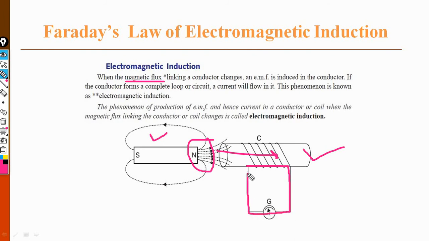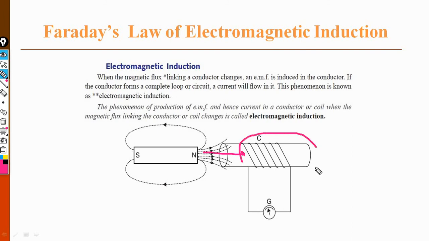This type of phenomenon is called electromagnetic induction. That means when magnetic flux links with the conductor, EMF gets induced in the conductor in the closed loop and current flows through it. This phenomenon is called electromagnetic induction. So this is the statement of electromagnetic induction.